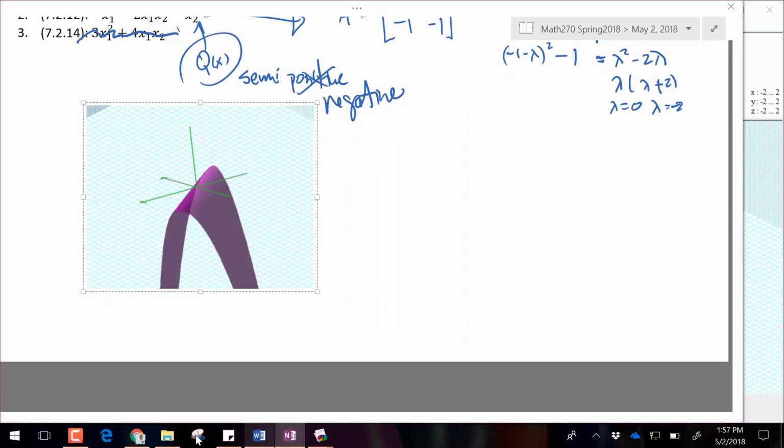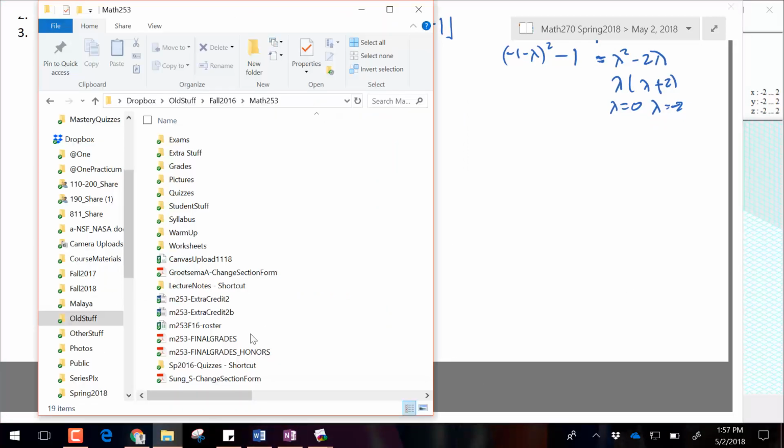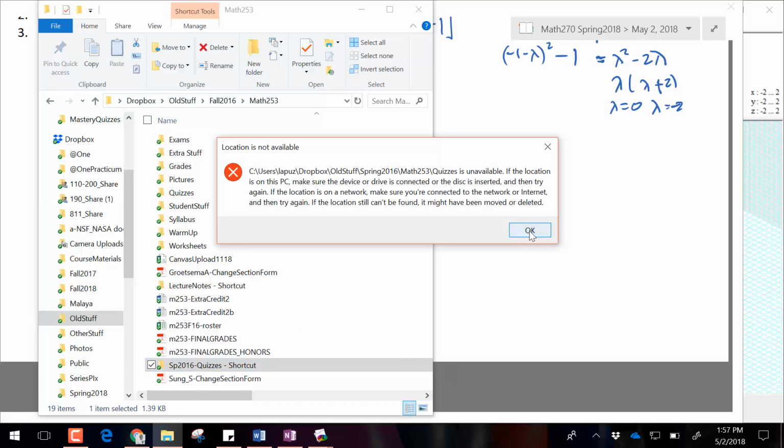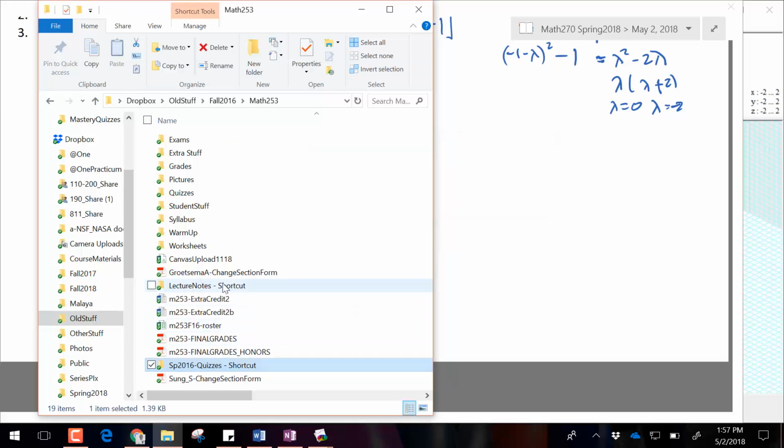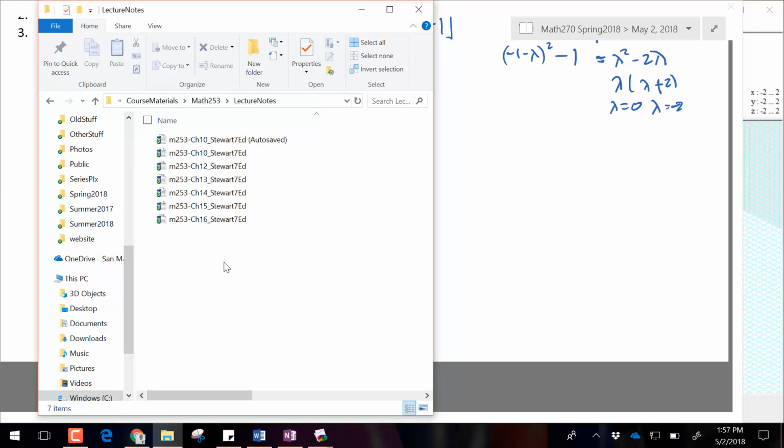All right. So I was looking for the second derivative test. Let's see if I can find it in any of my old notes. Do I have lecture notes here? Oh, there's a shortcut. Oh, there it goes. What chapter was it? Second derivative test.